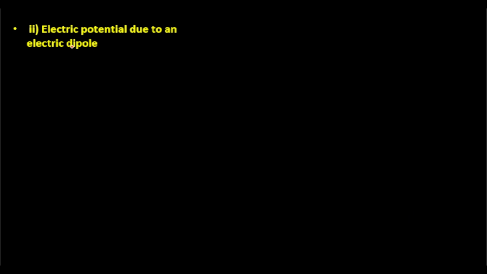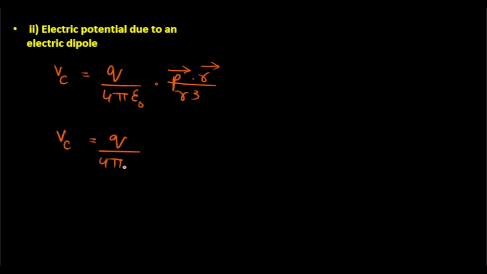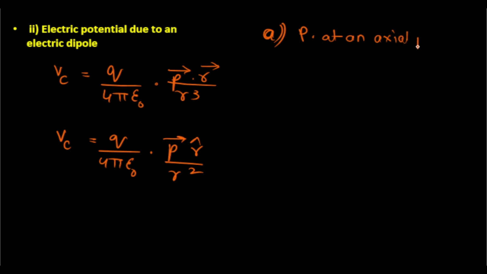Electric potential due to an electric dipole: V = q/(4πε₀) × p·r/r³. In vector form, V = q/(4πε₀) × p r̂/r². Case A: potential at an axial point.